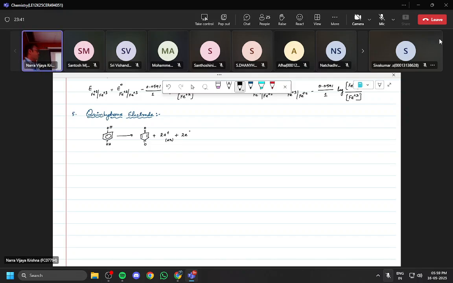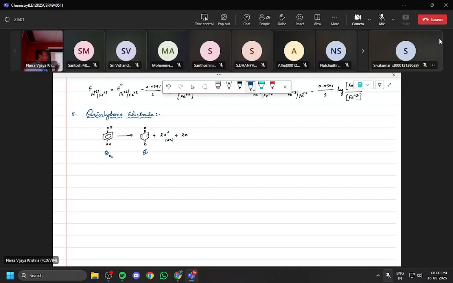Is the reaction balanced or not? Correct? So symbolically I represent this as QH2, this as Q. Q is quinone, with 2 hydrogens, so QH2.